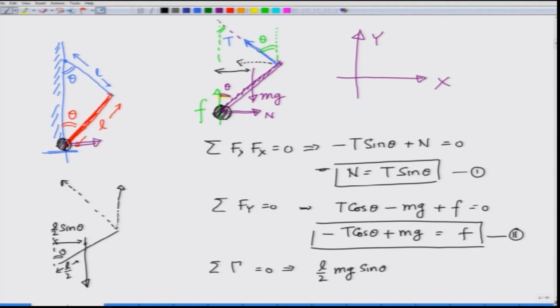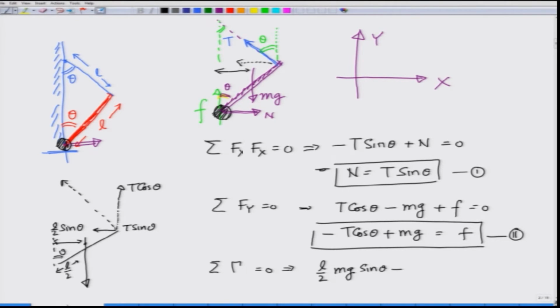take its two components, T cosine of theta and T sine of theta. T sine of theta has a tendency to make the frame rotate counterclockwise, and so does T cosine of theta.